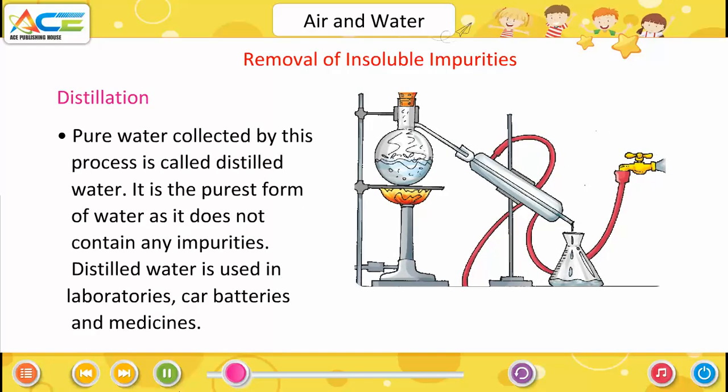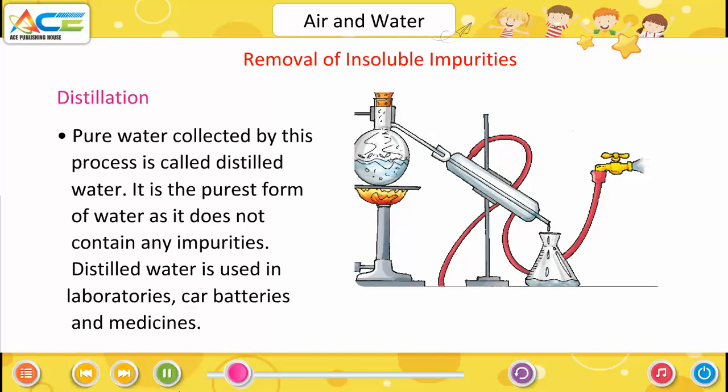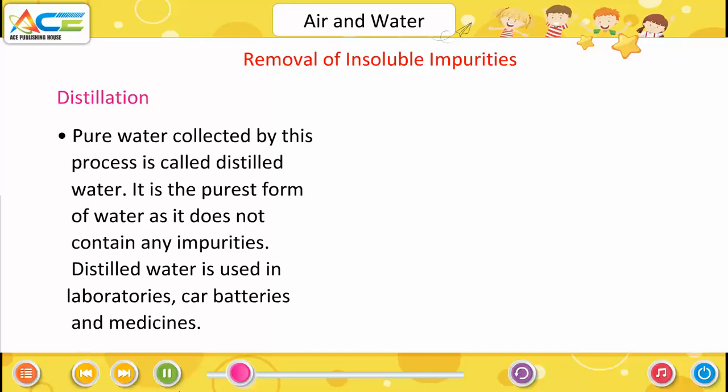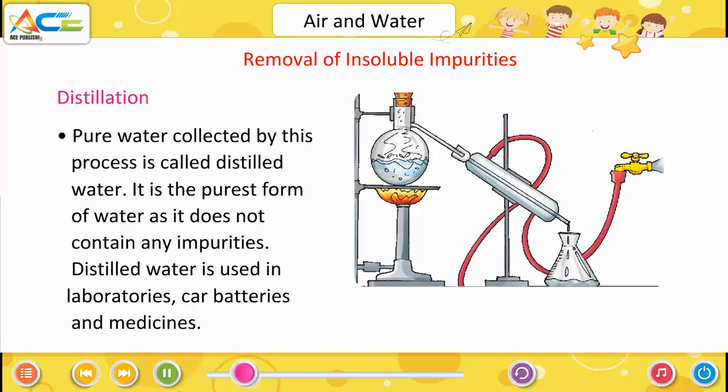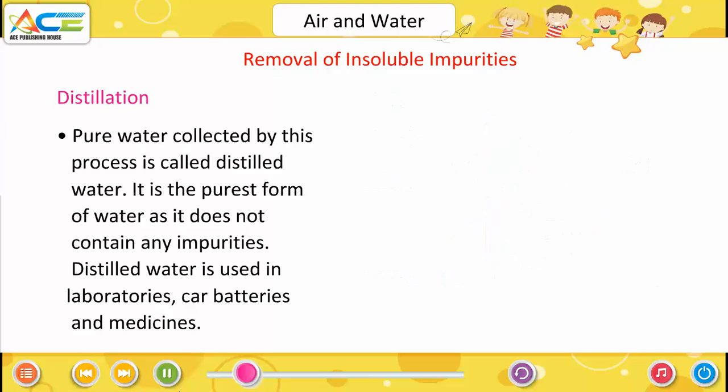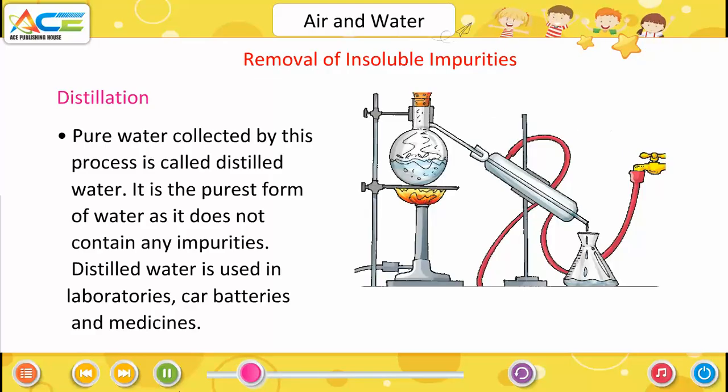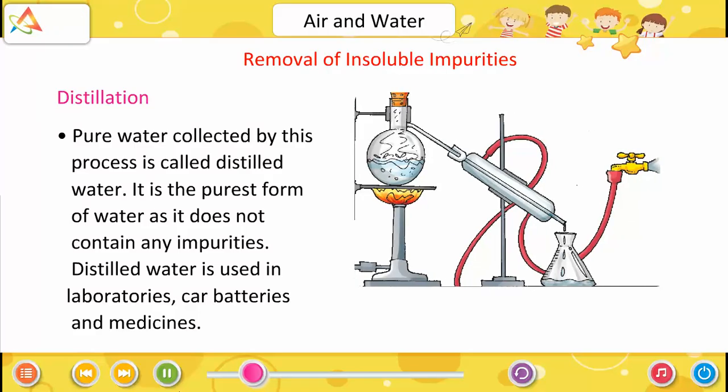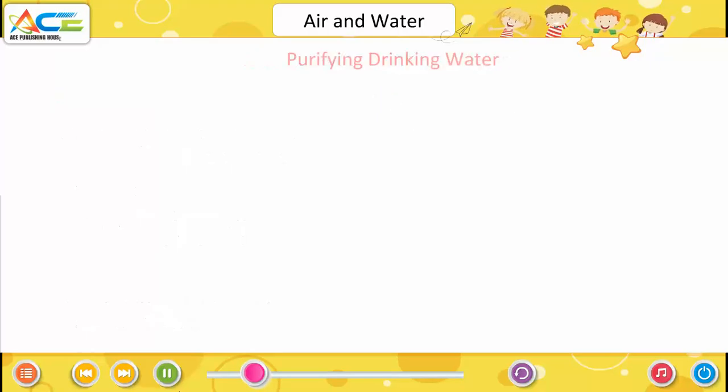Pure water collected by this process is called distilled water. It is the purest form of water as it does not contain any impurities. Distilled water is used in laboratories, car batteries, and medicines.